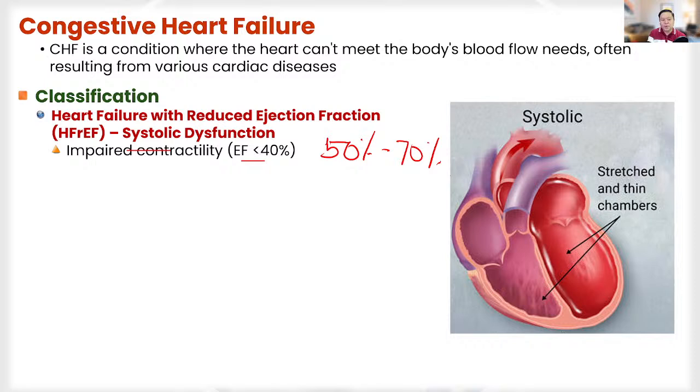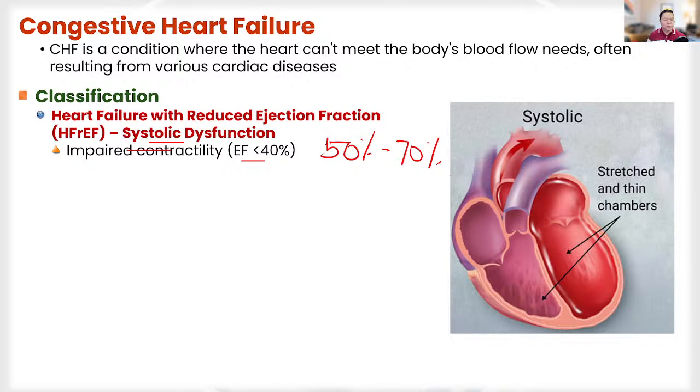So if your patient has that reduction, let's say less than 40%, wherein there is a decreased ability of the ventricle to pump the blood out into the pulmonary or systemic circulation, this qualifies the patient to fall under the classification called HFrEF.